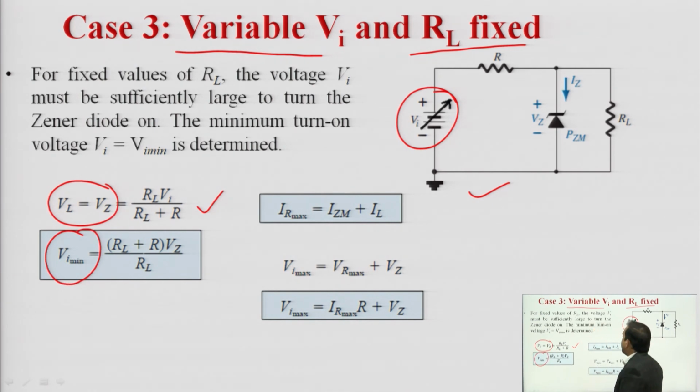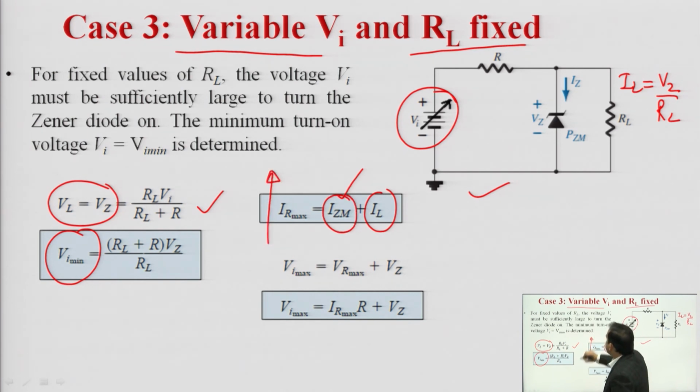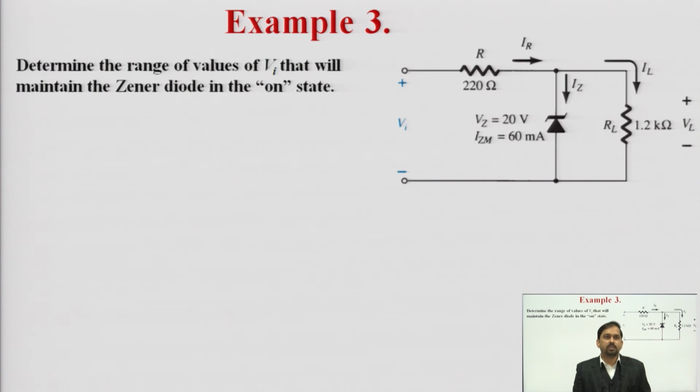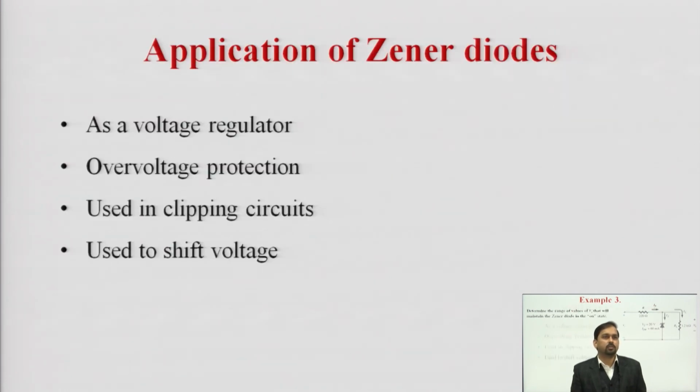With the help of this, if IZM, the maximum Zener current, is given, and IL is Vz by RL, then this IL is fixed. Once the Zener current is maximum, the current through this resistance is also maximum, and the voltage drop across the resistance is also maximum. So we can calculate the maximum value of input. Based on this we have the same question, we can solve this.